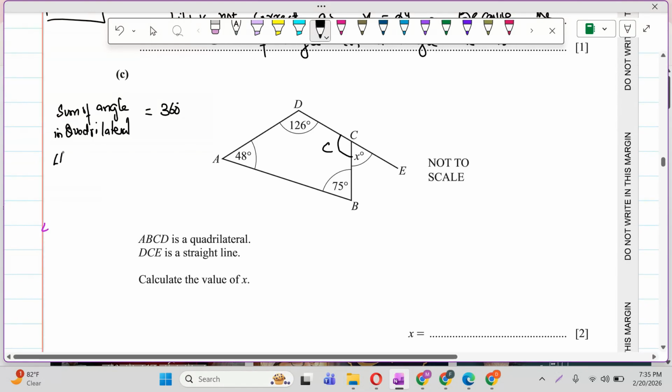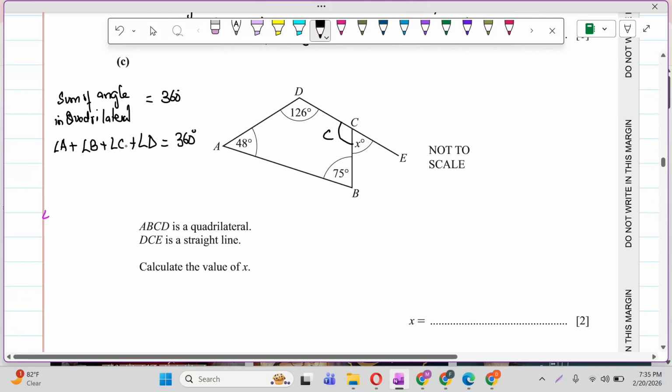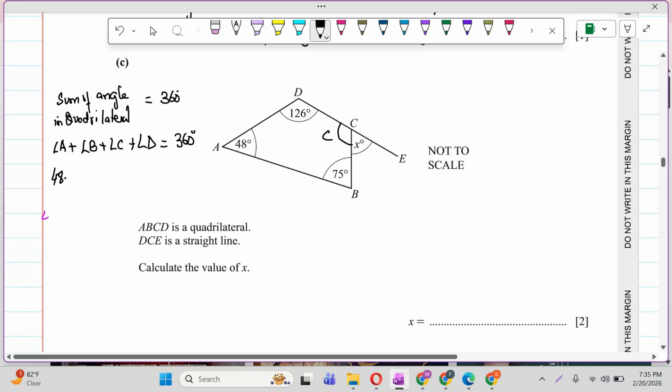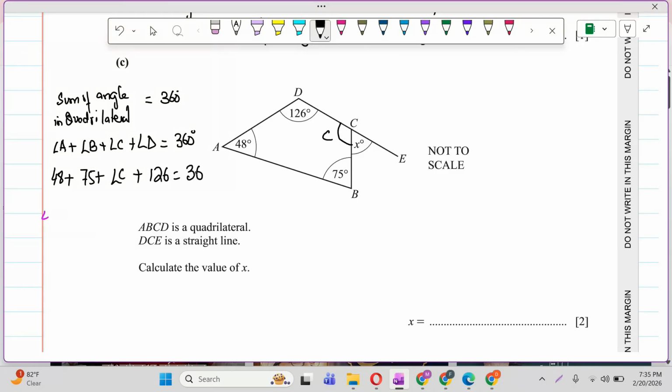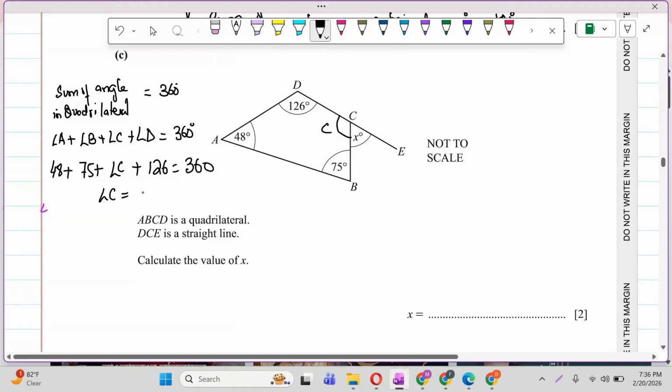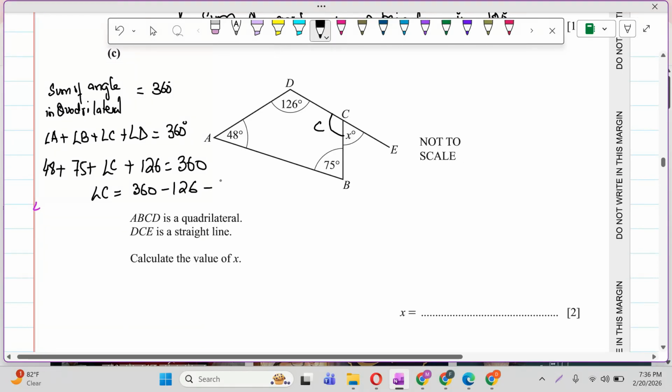So angle A plus angle B plus angle C plus angle D is equal to 360. Angle A is 48, plus angle B is 75, plus angle C remains the same, plus angle D is 126, equals 360. So angle C is equal to 360 minus 126 minus 75 minus 48. So angle C is equal to 111.